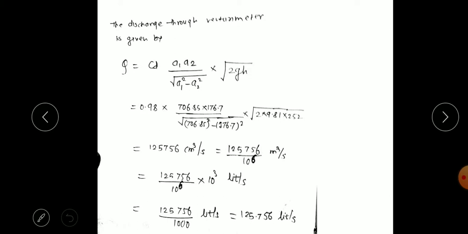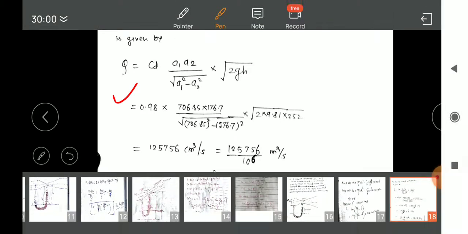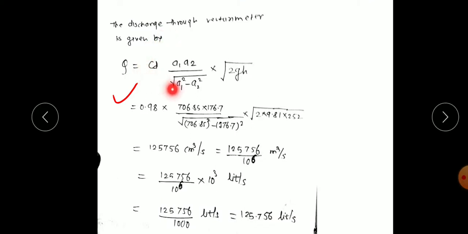So the discharge formula is Q is equal to CD A1 A2 upon root of A1 square minus A2 square, into root 2GH. So H we have determined as 252. Putting the values of CD 0.98 and A1, A2, with the areas in centimeter, we get the discharge in centimeter cube per second.